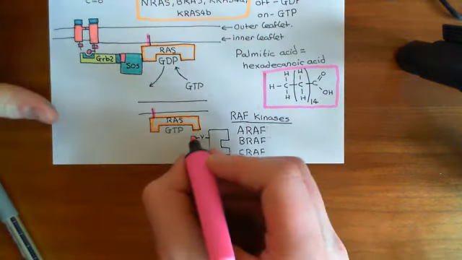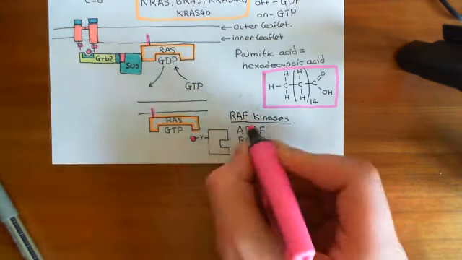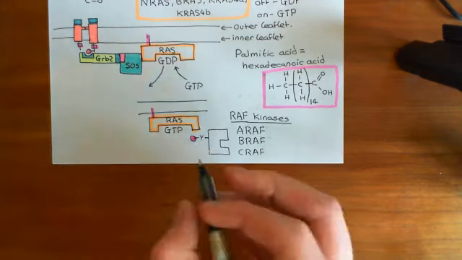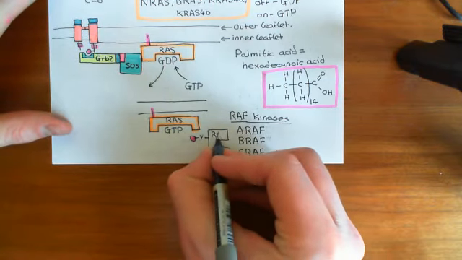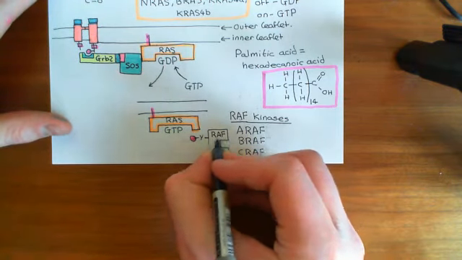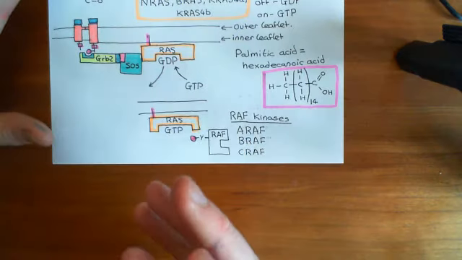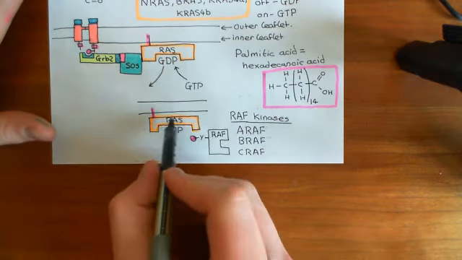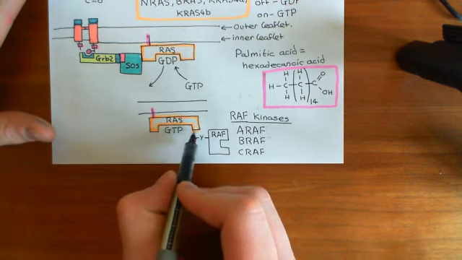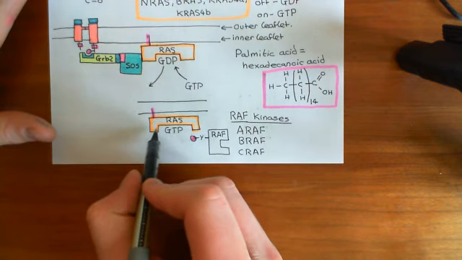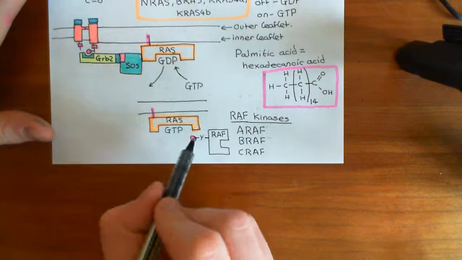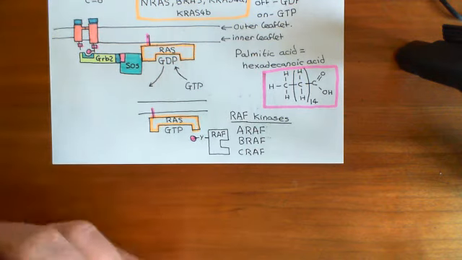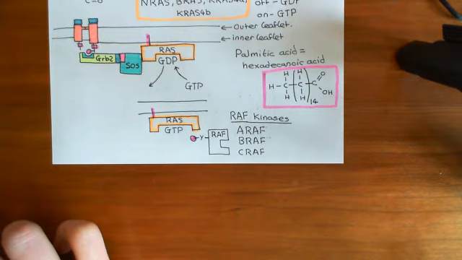But what is known is that the RAF kinase enzyme comes over, interacts with the Ras monomeric G protein, and then gets its tyrosine residue phosphorylated, but it's not understood how. We don't think that the Ras directly has a tyrosine kinase within it. We think instead it probably recruits another enzyme, which is a tyrosine kinase, which then phosphorylates the RAF kinase.